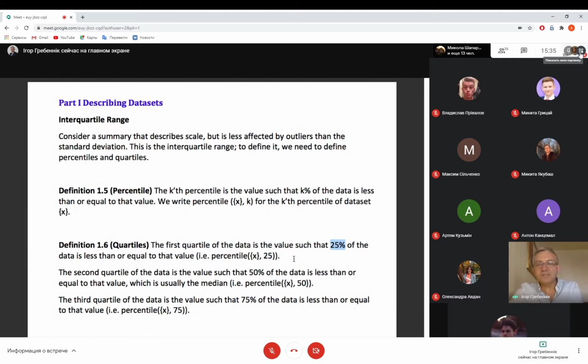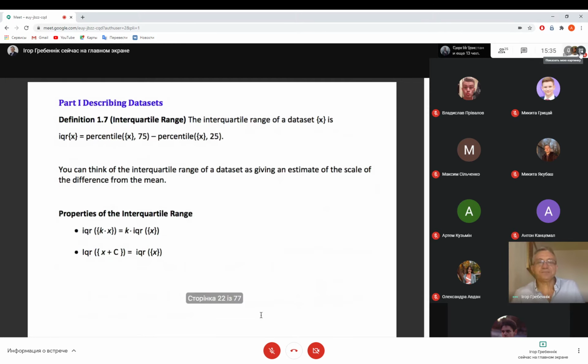The second 25% are between the first quartile and the second, and so on. We have 3 points which divide the data set into these 4 quarters. And let's continue.